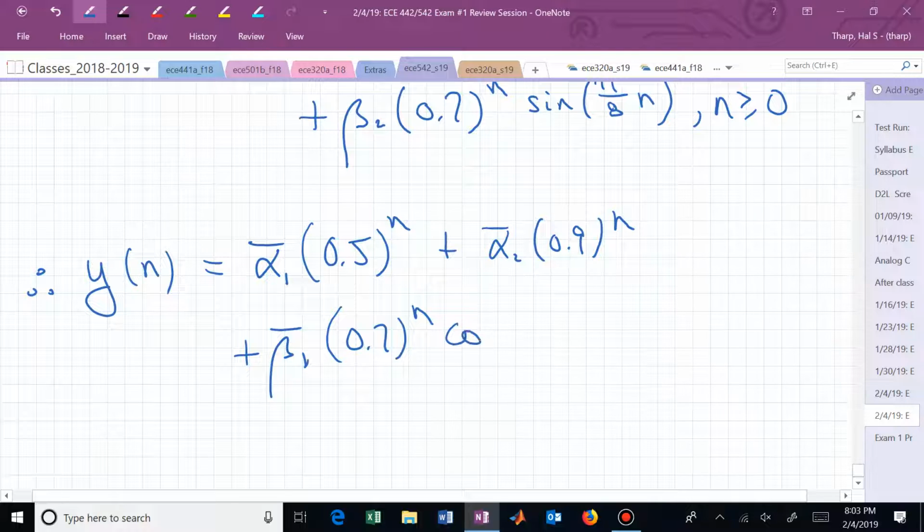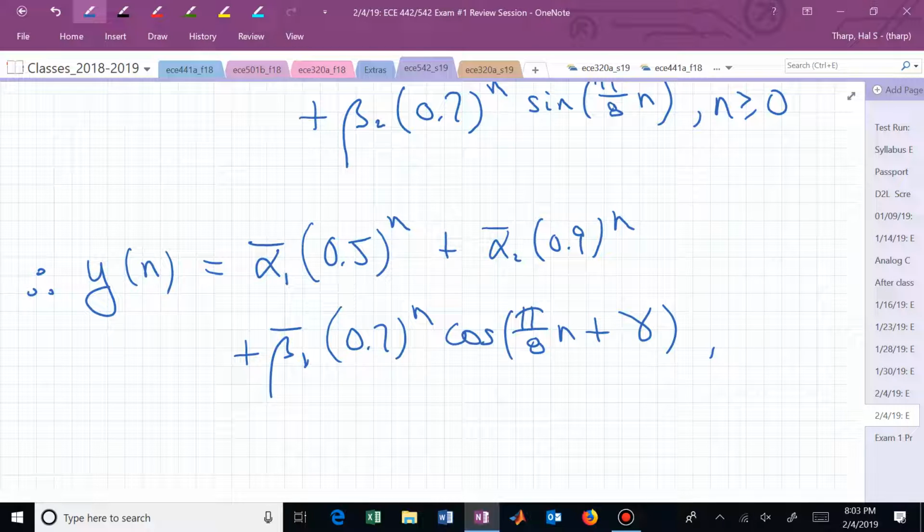And now, just to be a little different, I'll say plus a gamma. And that plus gamma is really just another way of saying, oh, you also could have a beta 2 bar 0.7 n sine of pi over 8n. Because you could use the trig relationship to convert that cosine of a plus b to cosine a cosine b minus sine a sine b.